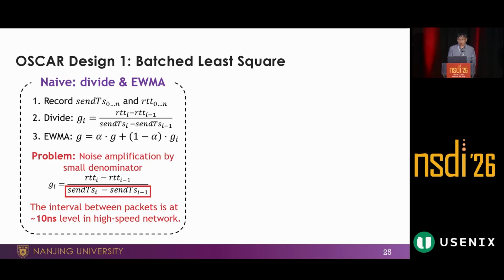The naive approach, as we can see from the left figure, is to directly calculate the delay gradient from two consecutive samples. But in practice, this leads to great error because packets leave the link at nanosecond scale. So if we directly calculate this, we get big error.